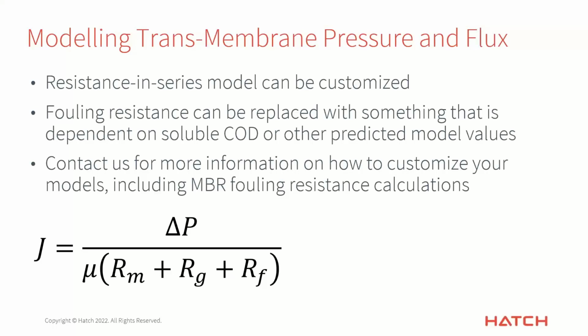We've had people ask about this in the past, and so that's why I'm bringing it up today. For example, that fouling resistance equation here, you could replace this with something that would be a function of not just time, but maybe time and soluble COD concentration, or maybe some other thing. So it allows you to even do more model development above and beyond what we've already done here.